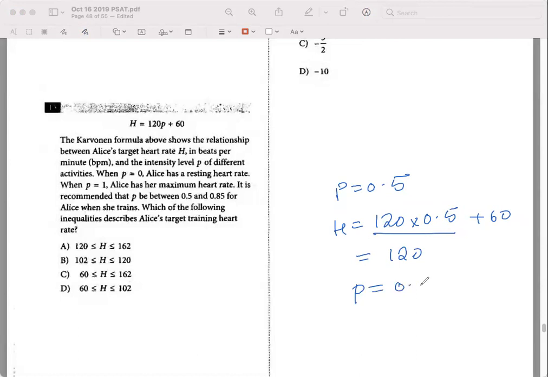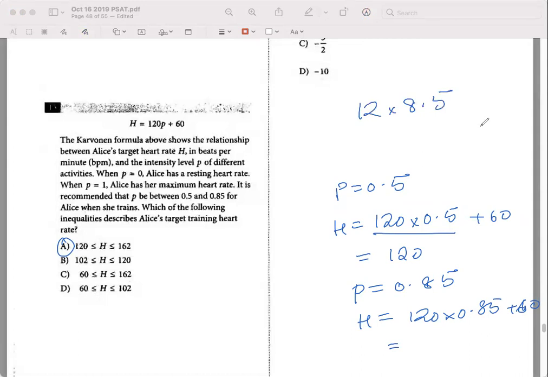And when p is 0.85, then the heart rate would be 120 into 0.85 plus 60. And I don't really have to solve this, even though I will, just to confirm, because the only option that has a lower bound of 120 is option A, right? So let's do this. So this would be 12 times 8.5.